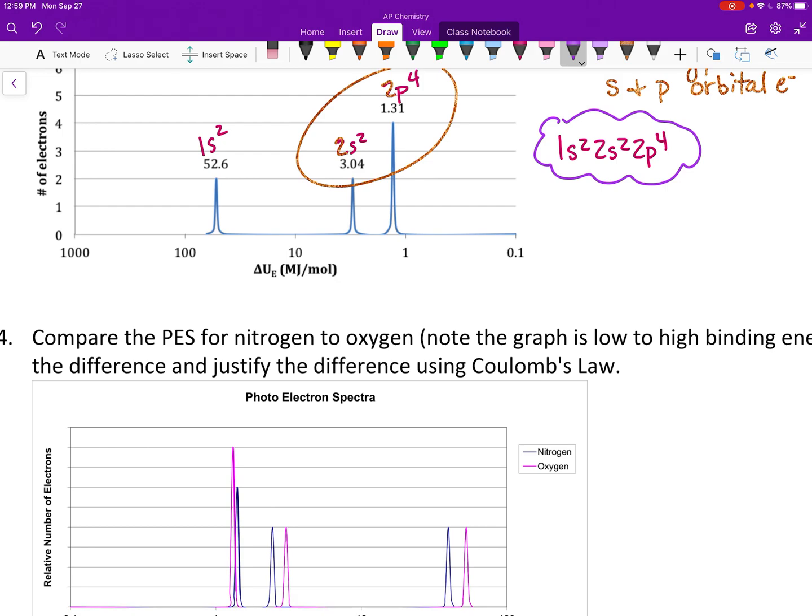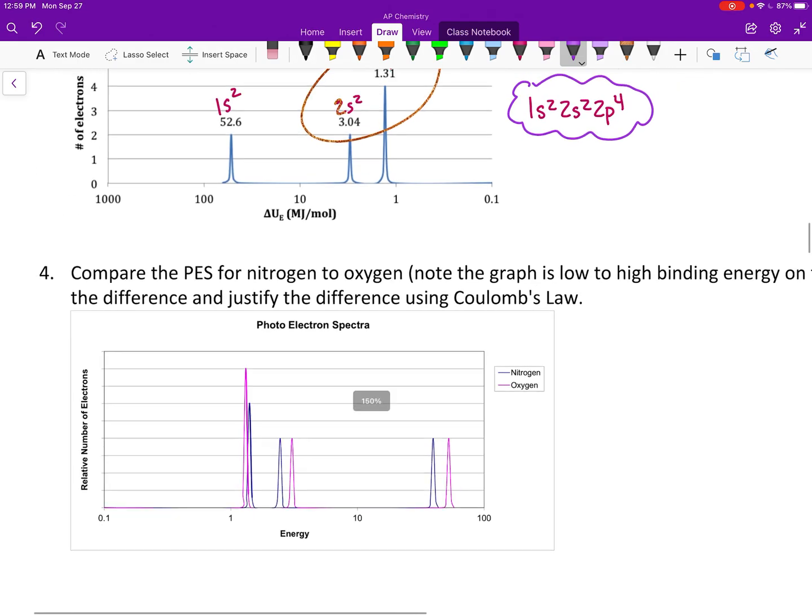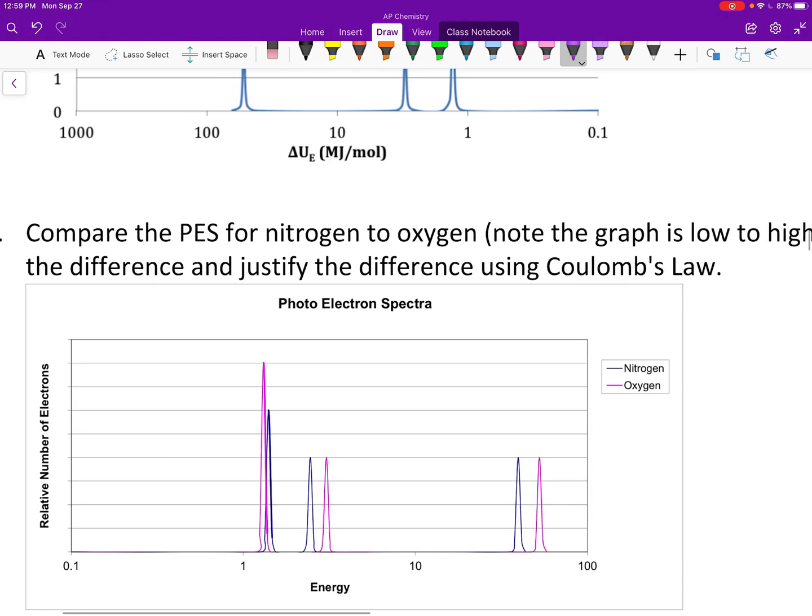Okay, so now what happens when we start to get into comparing some of these? And this is a bit tricky in some cases, but I just kind of wanted to go there today and take a look at this. So in this graph, notice that we are comparing oxygen to nitrogen. And so on here, we have oxygen, we flip this around.